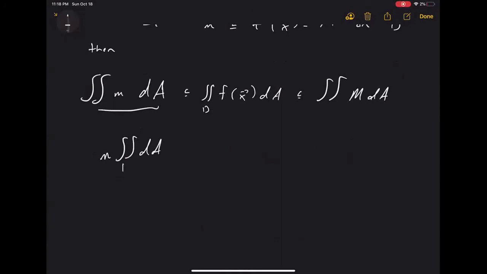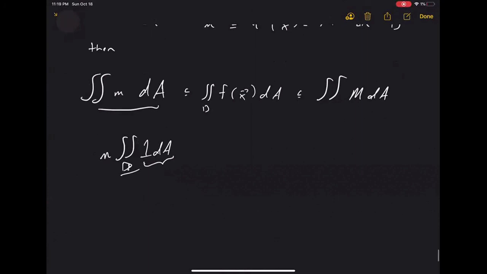Now, what is the integral of just, I could think of dA as 1 times dA. What is the integral of 1 on a region D? Just the number 1, the constant function 1. This integral is going to give me the area of D. And that kind of makes sense, right?